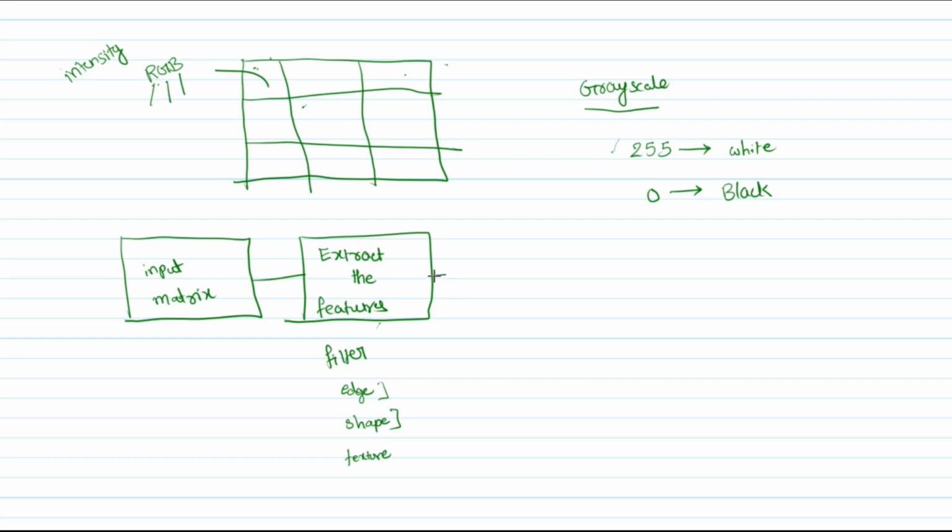After getting the features, the size of the feature matrix is of course very high, so again we have to reduce it. For this, we are using the pooling concept. Here, the pooling layer will further reduce the size of the feature matrix by retaining the important features.